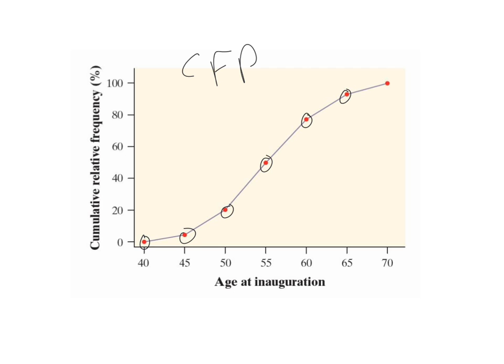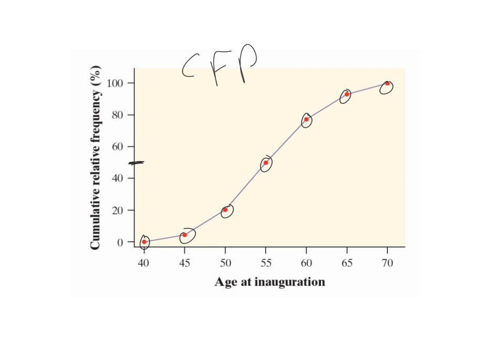Okay. Now, what's cool about these types of graphs is it tells us a lot of information because cumulative relative frequency is really similar, if not the same as percentile. So, if we wanted to find the median, we would look for the 50th percentile right here.